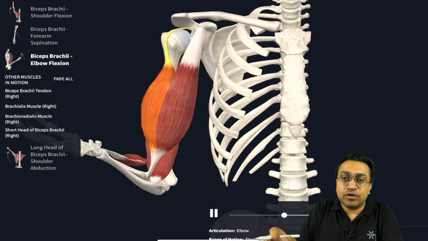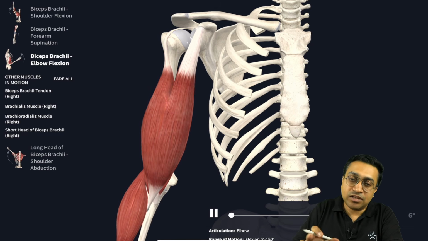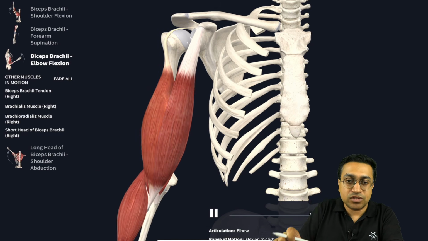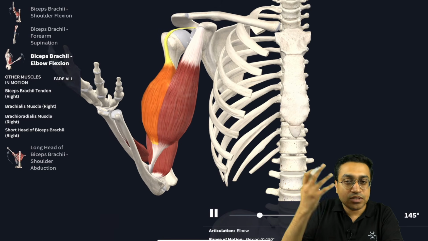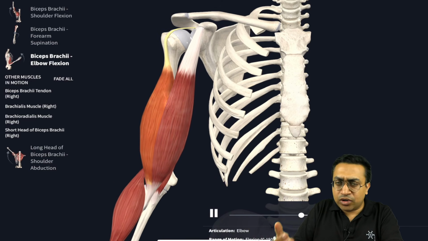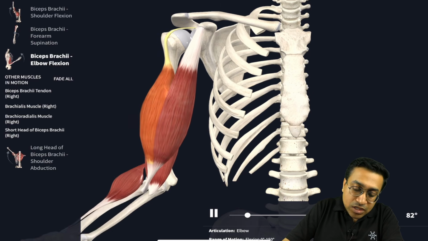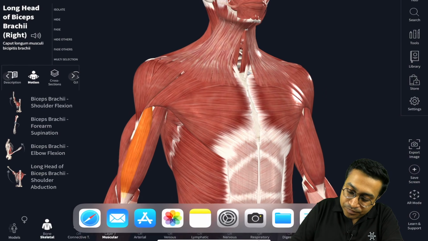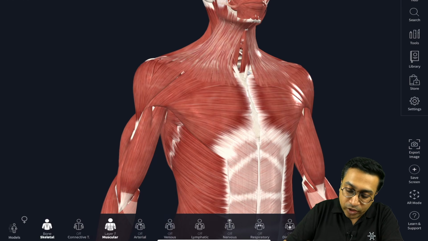The better word is attachments, but in your anatomy textbooks you will still find origin and insertion everywhere, because it has been used for many years and it's not wrong to say that. So let us talk about another thing here. I hope you got a gist of what I will be dealing with.